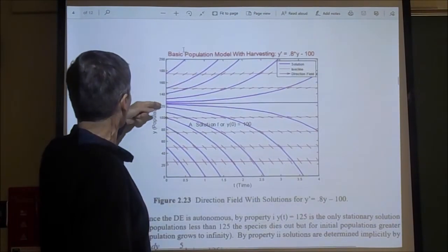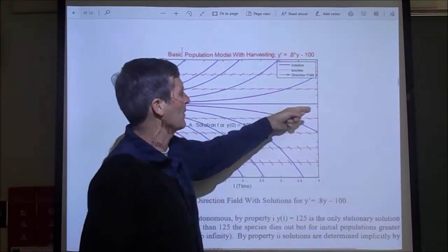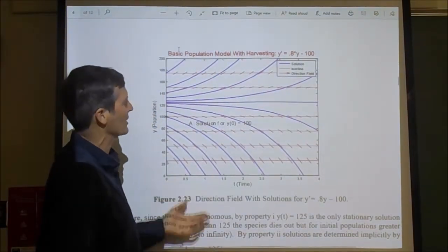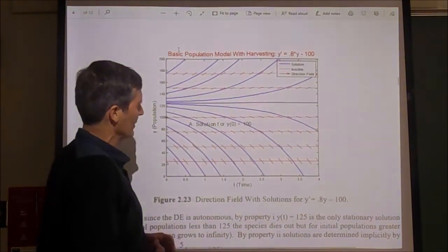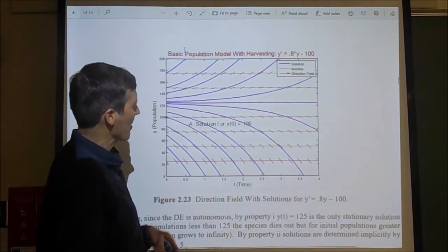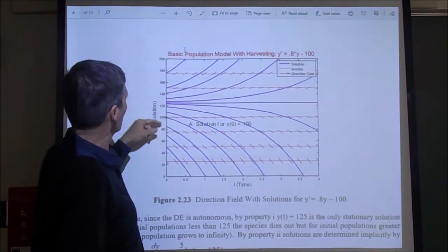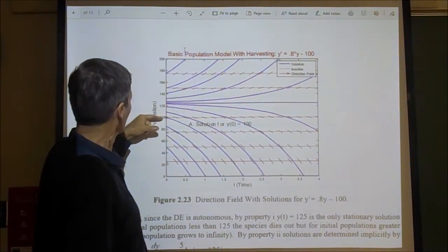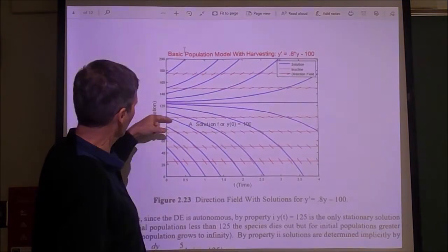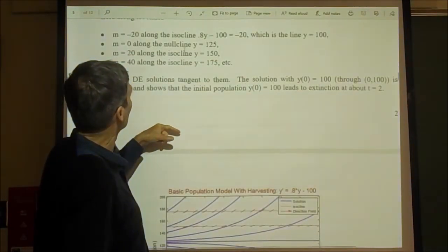So here at 125 we draw slope 0, and actually this is also a solution by our first comment up there. Whatever constant makes the right side 0 in an autonomous equation, since it's automatically separable, is a constant or stationary solution. And then along the line y equals 100, we have, let's see, we didn't do that one, did we?